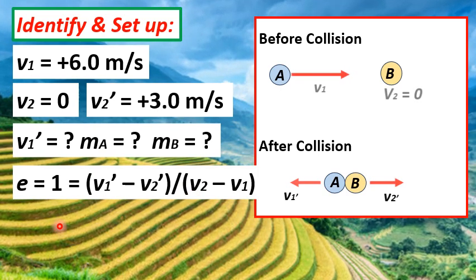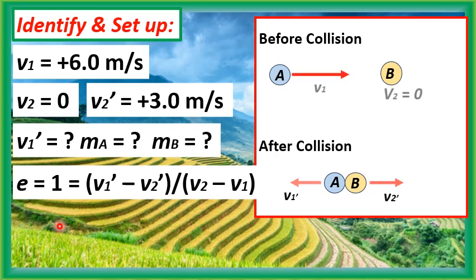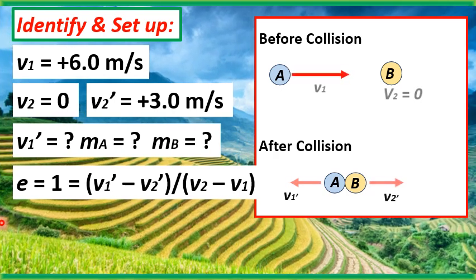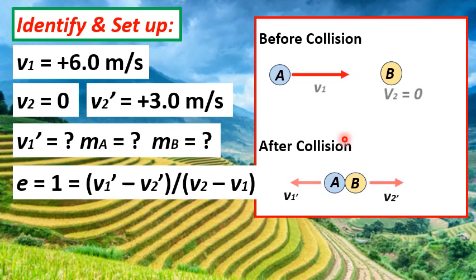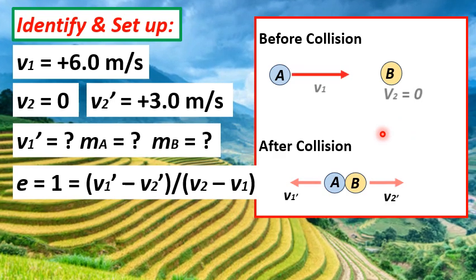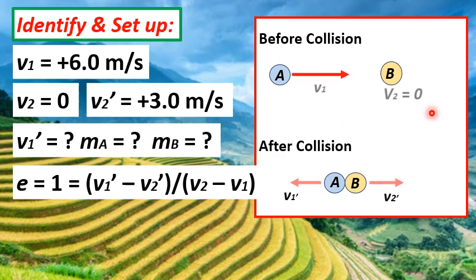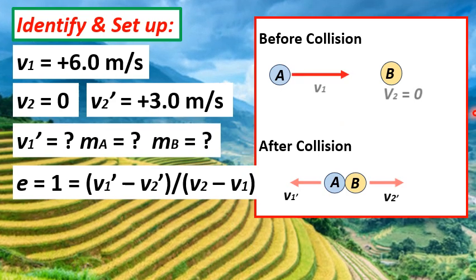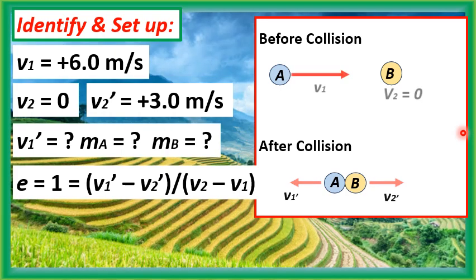And we also consider this collision, or the system, to be an isolated system. In other words, the interaction of objects A and B are not in any way affected by external forces such as friction.